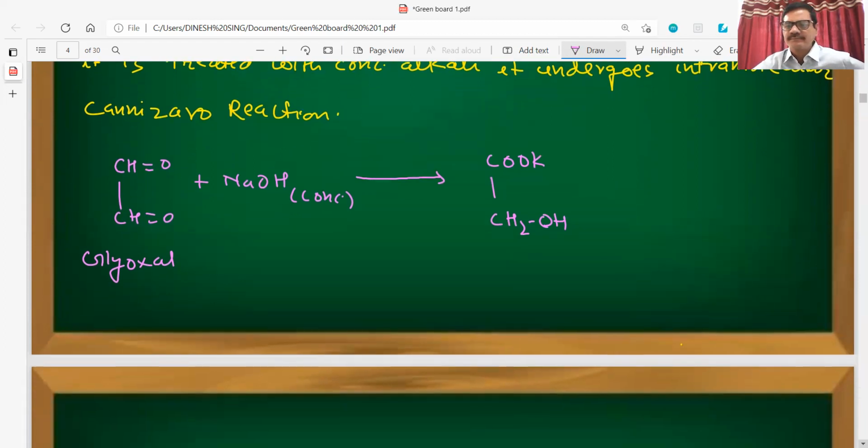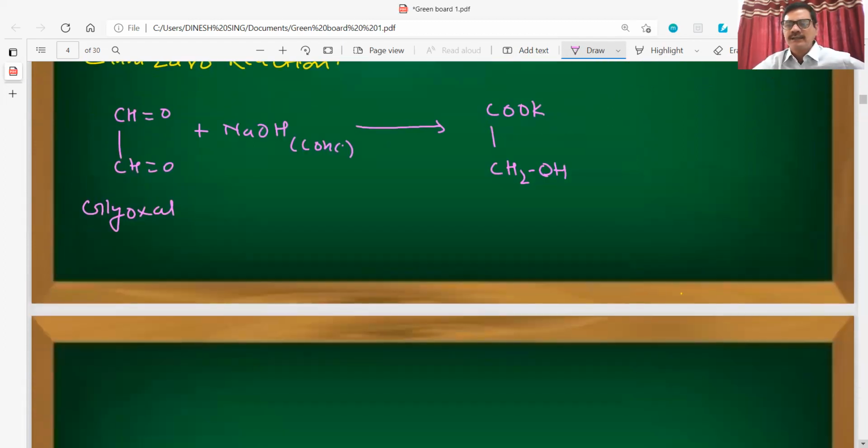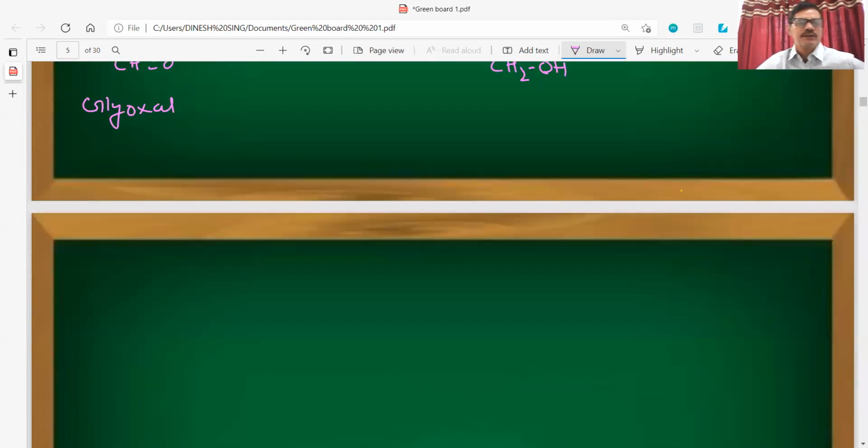Similarly, we can see another example: this is phthalaldehyde, and here NO2 is there. This NO2 is giving minus M to this aldehyde because it is at the para position. The effect given by NO2 is minus I and minus M.